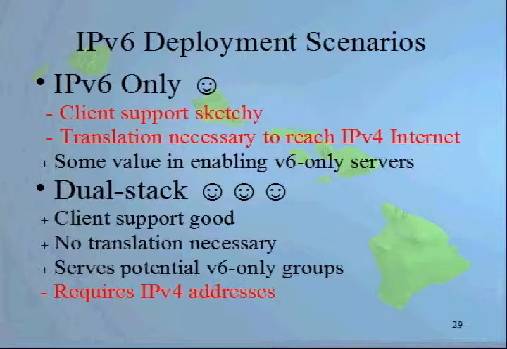Also, dual stack serves potential v6 only groups and is relatively easy to implement. A downside is it requires IP version 4 addresses. If you don't have v4 addresses, then dual stack in a native open real address scenario is not going to be an option.